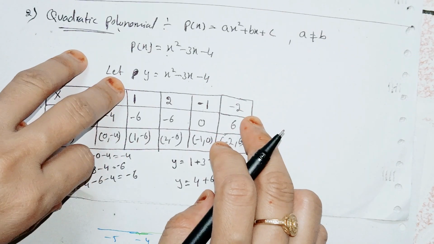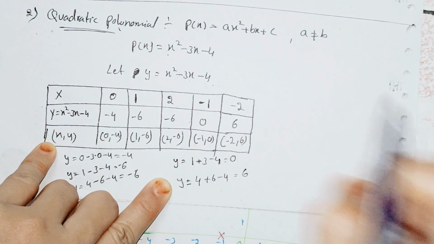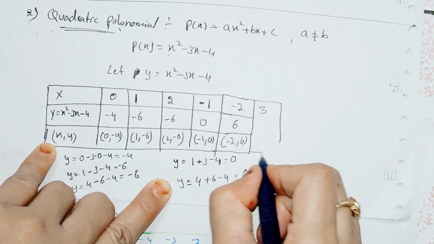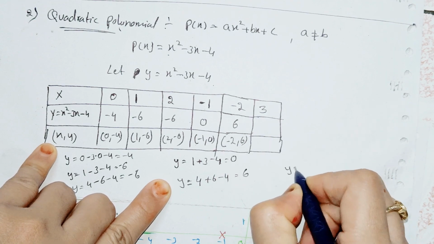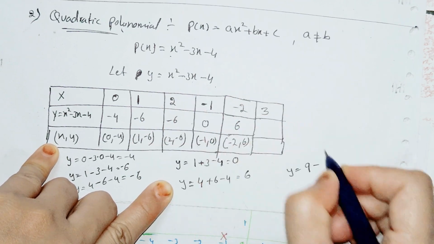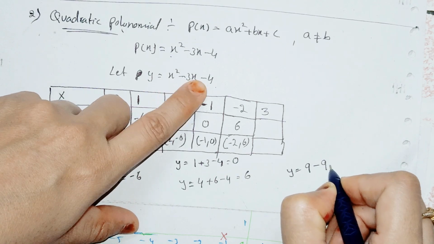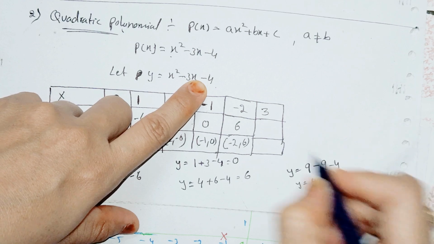Okay, let us take 3 and 4 also here. So if I take 3, then the value for this is y equal to 3 square means 9 minus 3 3's 9 again, then -4, plus 9 minus 9 cancel, then y equal to -4.